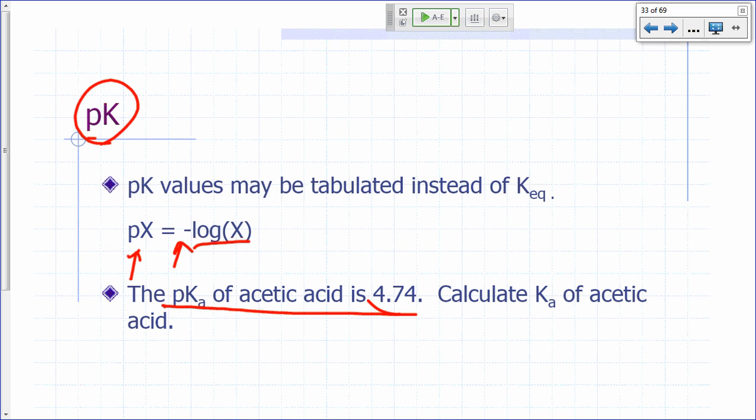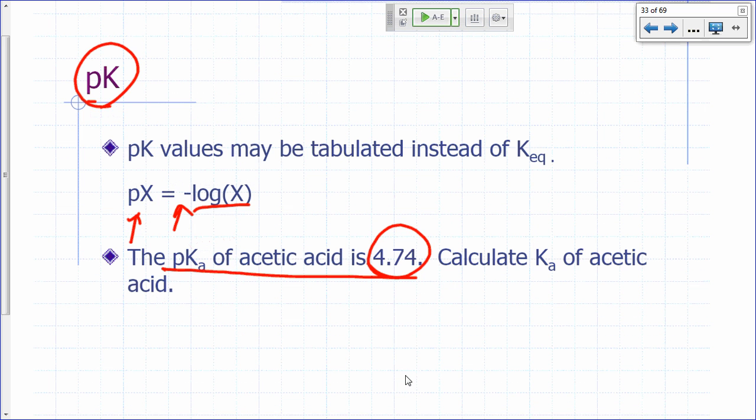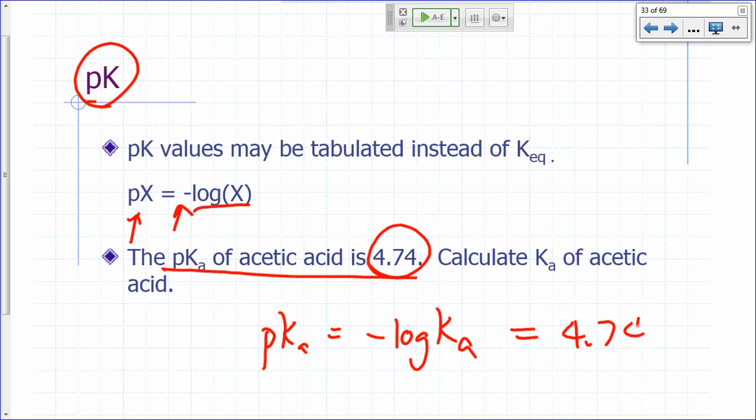You might find it given as a pKa of 4.74. What is the Ka of acetic acid then? pKa is the negative log of Ka. So if I find it to be 4.74, what is Ka?